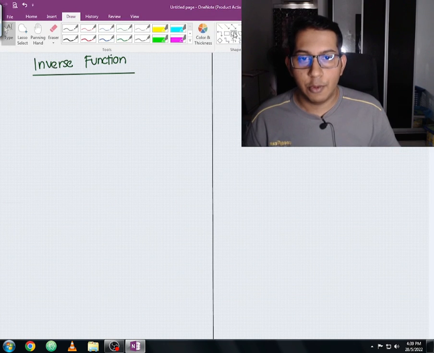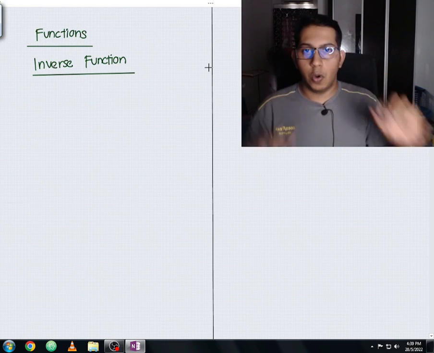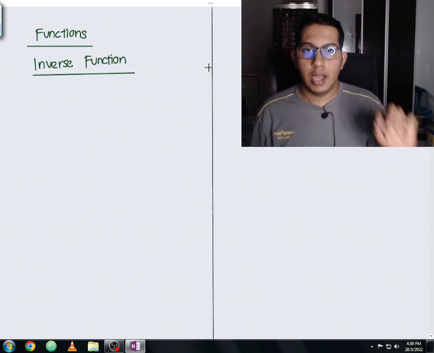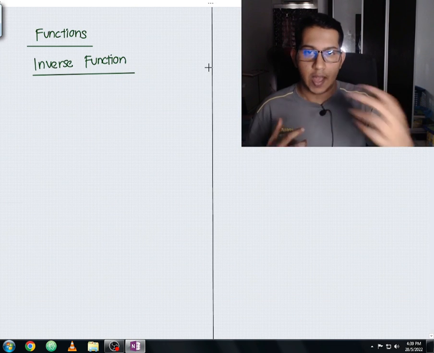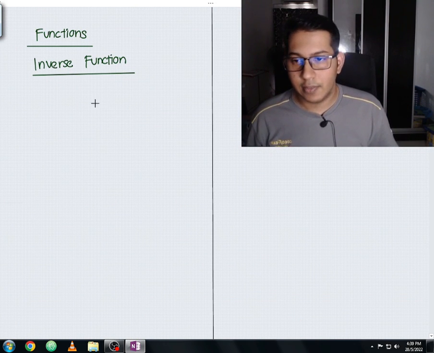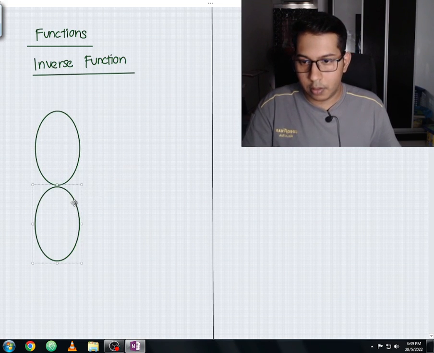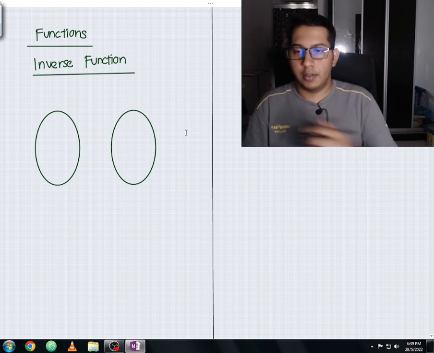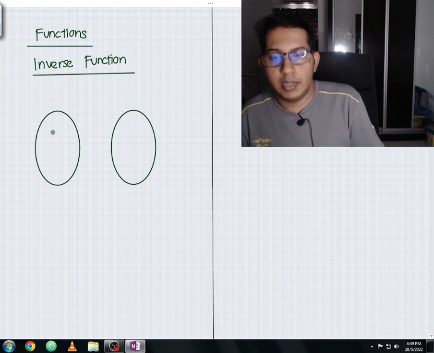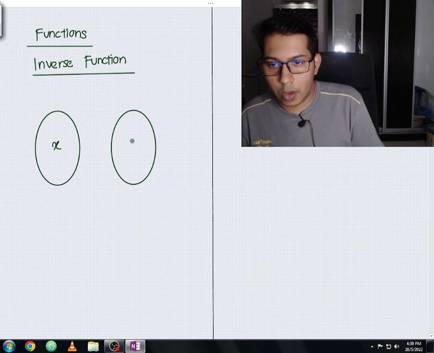Okay, so what I'm going to do now is draw two oval shapes which we are going to form an arrow diagram, for me to explain what an inverse function actually is. So inside here let me just write x, and over here I write y.